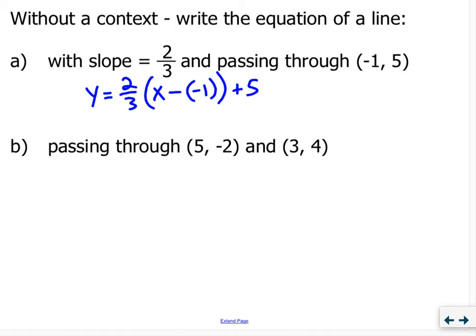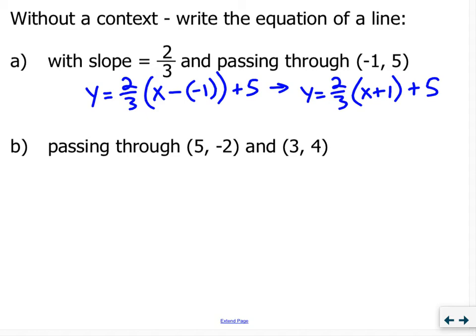My K value is positive, so I'll write +5. But we can clean this up a little bit because you might remember doing keep change change for that thing in parentheses. So now we'll get Y equals 2/3, and in parentheses, let's write X plus 1, and then add 5. So notice when we subtract that negative, it becomes a positive.